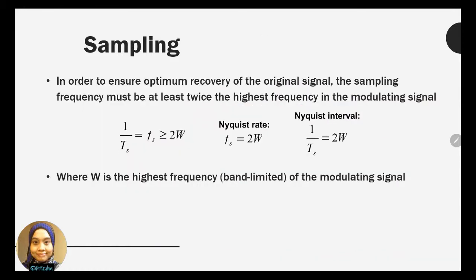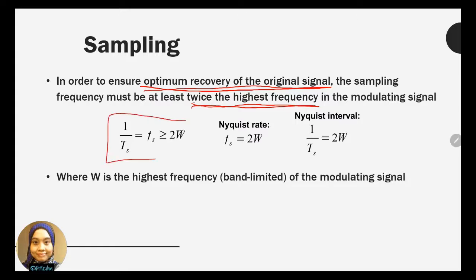Sampling cannot be done just like that. It actually has some rules. In order to ensure optimal recovery of the original signal, the sampling frequency must be at least twice the highest frequency used in the modulating signal.